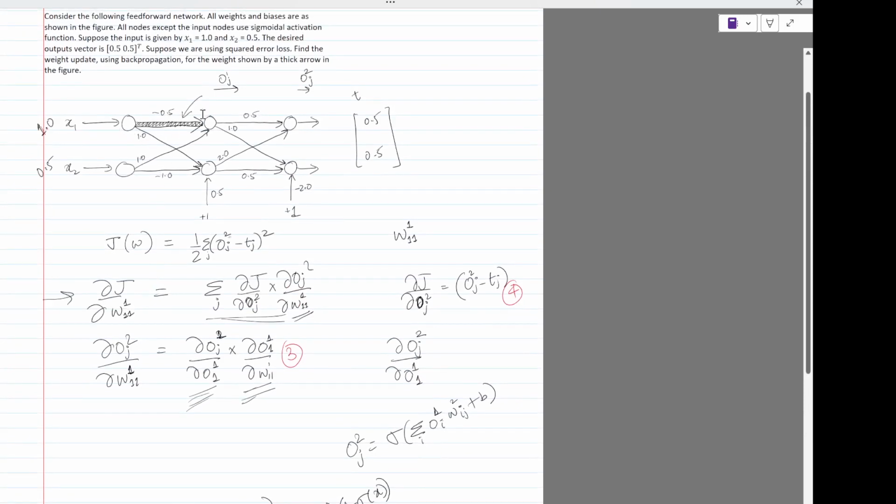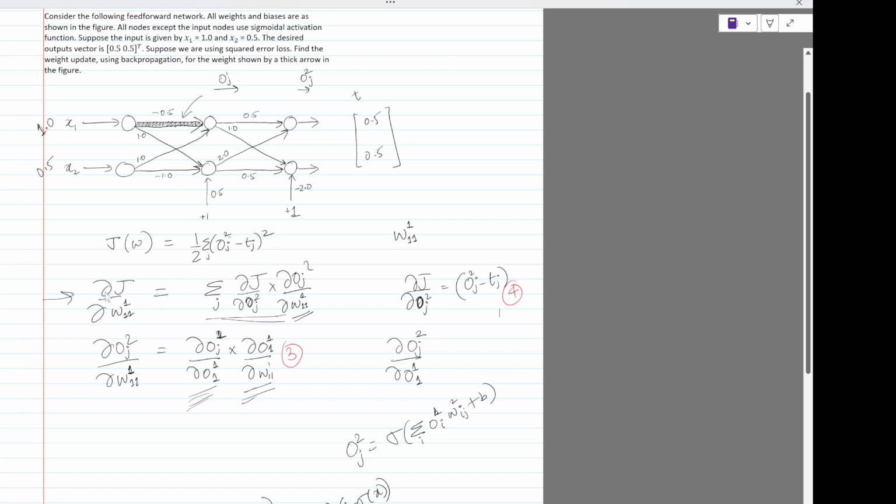If you are asked to compute the derivative of this thick arrow weight, we call this W, first layer, first input node to the first hidden layer node weight, and the squared error loss function is given to us.